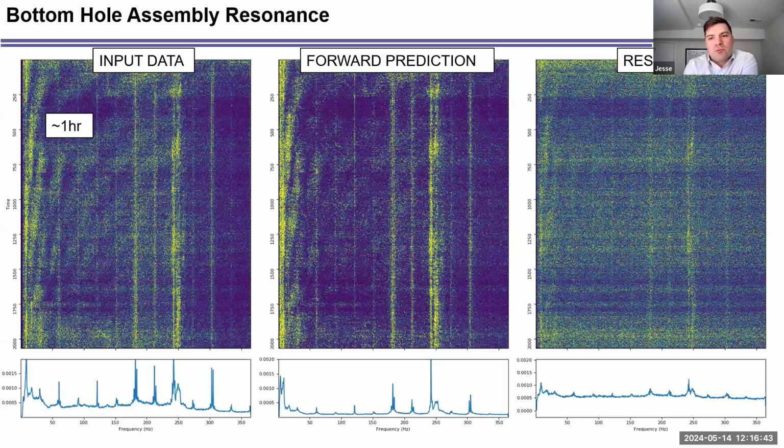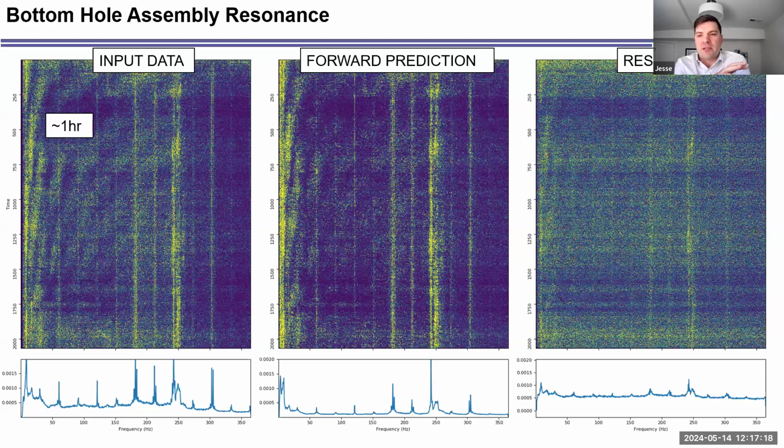That's well known: pretty much everything that you can see here with your eyes is some form of resonance of the BHA. So it's either some equipment being excited at its resonance frequency, or there are changes in the pipe diameter that are causing resonance.